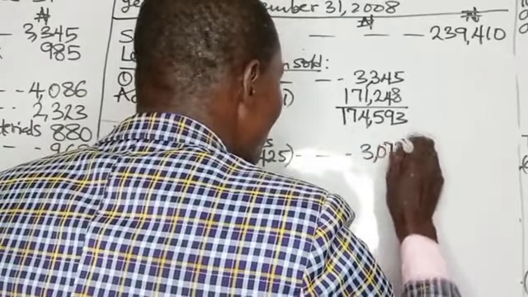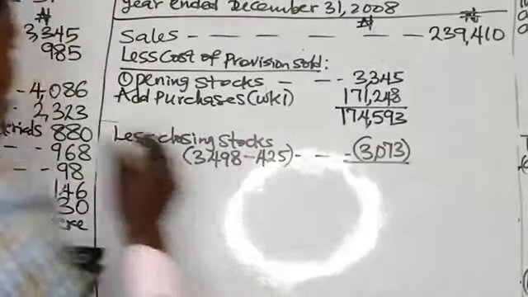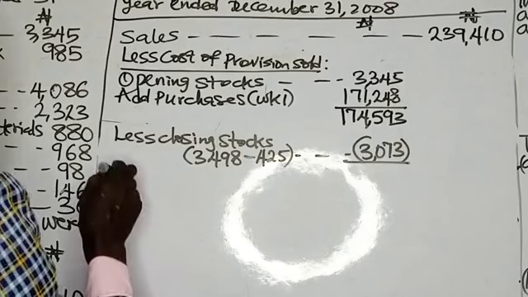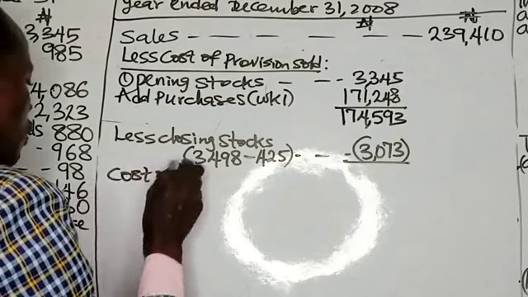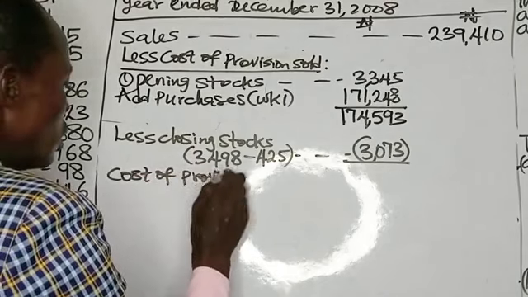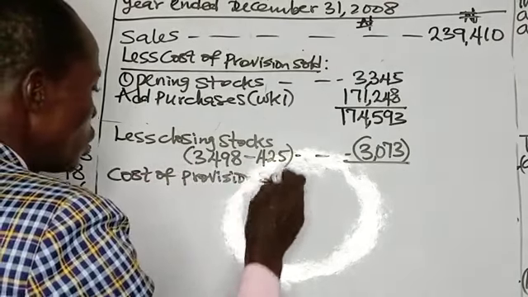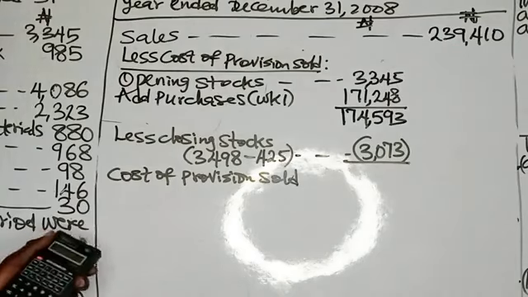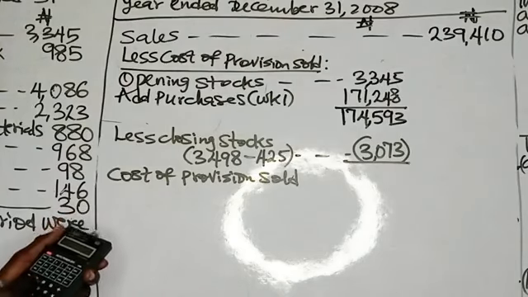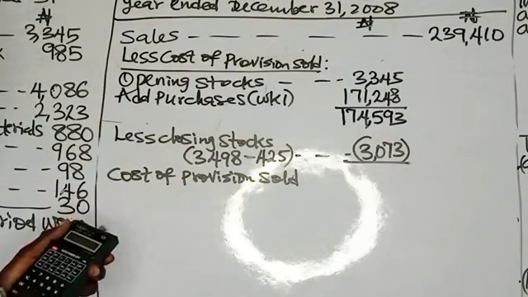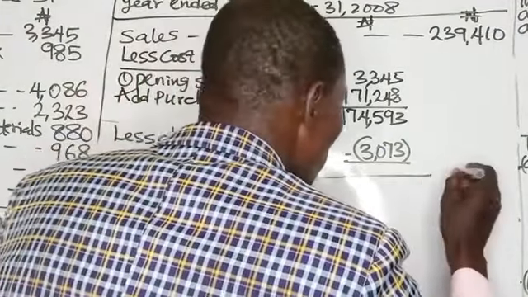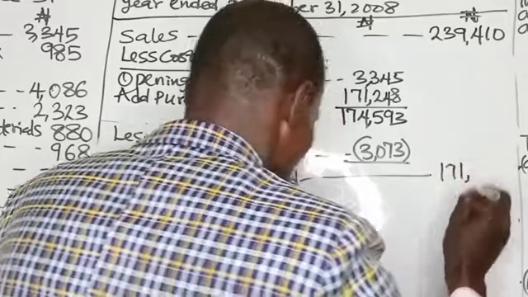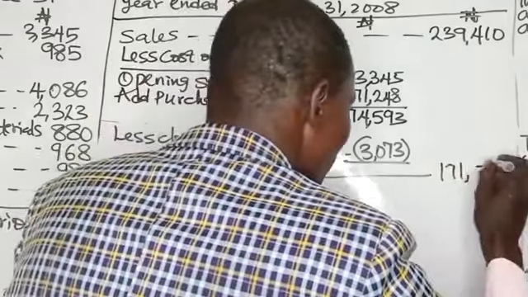3,073. So if you subtract that from cost of goods available for sales, 174,593, you have cost of provision sold, that is 171,520.